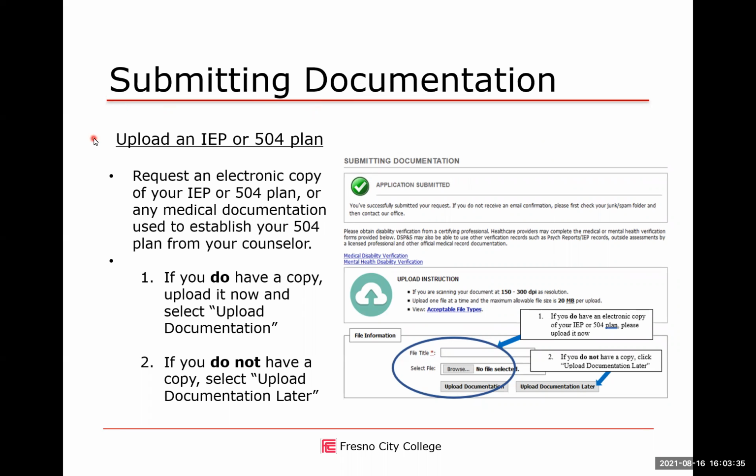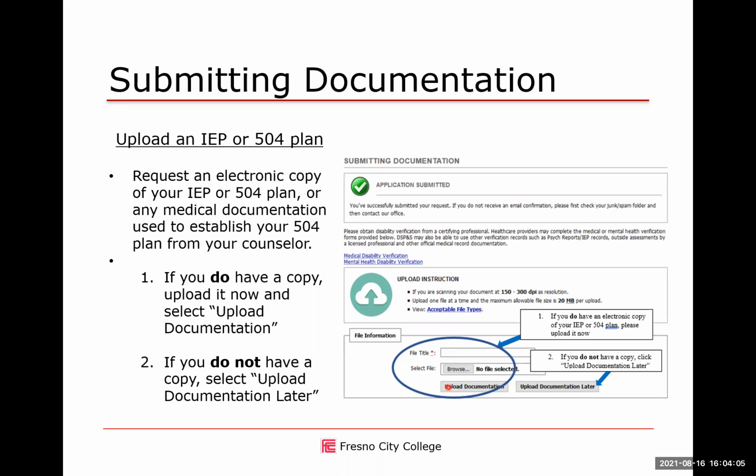In order to receive accommodations in college, you require a copy of your IEP or 504 plan. You can request an electronic copy from your counselor or case manager. If you have an electronic copy available today, go down and click Browse and find File, and then type the file name, and then click Upload Documentation.